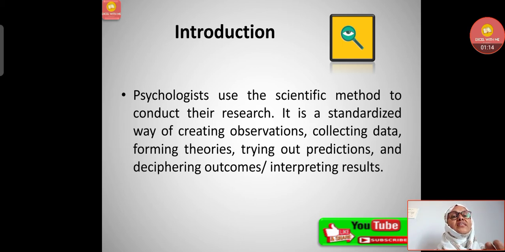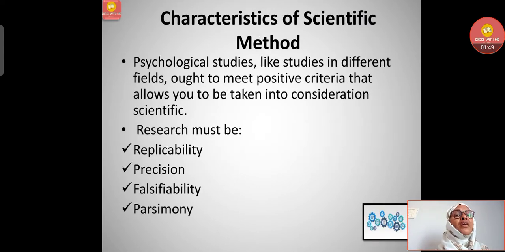So for that, in this scientific method, accurately they'll take up standardized ways and they will observe and collect the data and form different theories related to the data collected, statistics. Then they try out their predictions, that is hypothesis. Already we understood about hypothesis, and then they will decipher the outcomes and write down the interpreting results. What are the results they found after doing the research? This is scientific method. Now, what are the main characteristics of this scientific method?